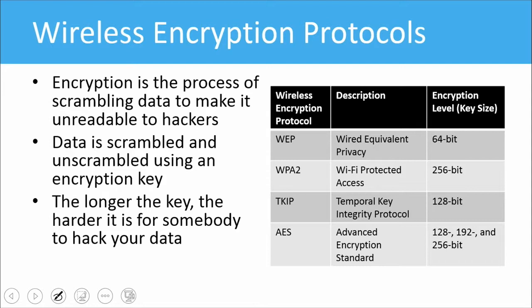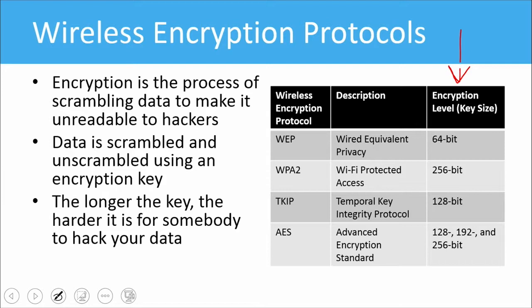The table to the right is going to detail a couple of different wireless encryption protocols for you. You may be familiar, you may be using some of these at home. What happens with encryption is that we scramble data to make it unreadable to hackers. We do this using keys. The size of your encryption key is going to dictate how strong your encryption is, right?